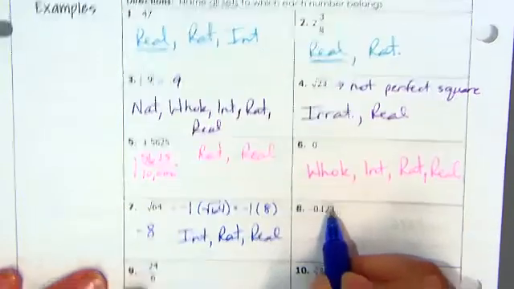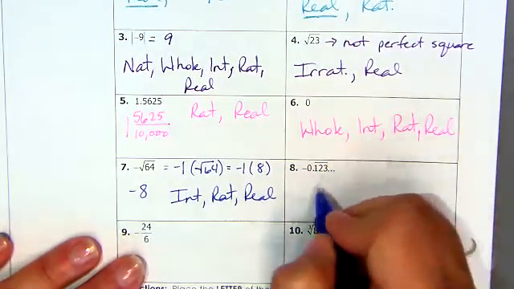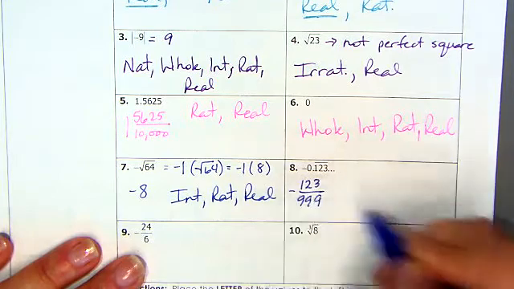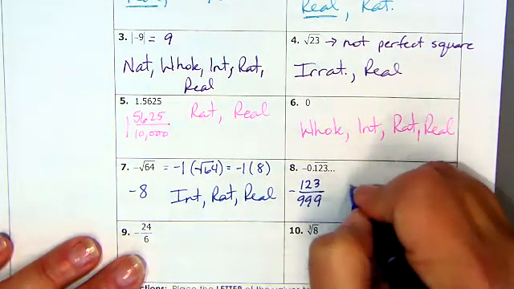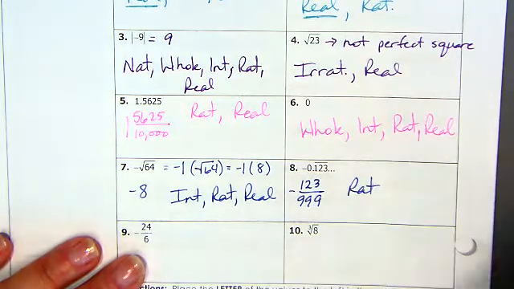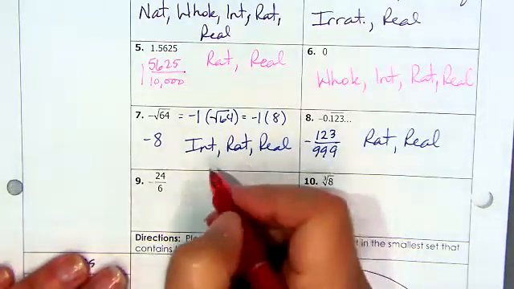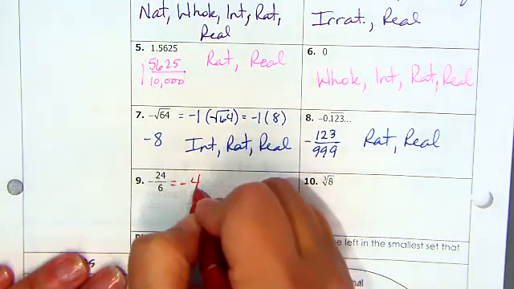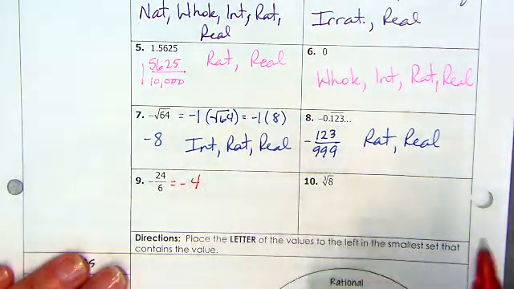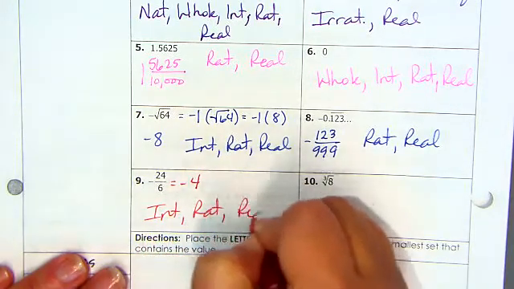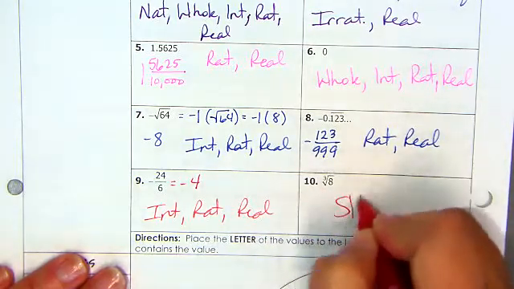This one can throw us a curveball, but it's repeating. That means this is negative 123 over 999. I can write it as a fraction, so this is rational. It's a fraction, not a whole value, so it is only rational and real. Negative 24 over 6 simplifies to negative 4, which is negative, so it's only integer, rational, and real. Number 10, we're skipping.